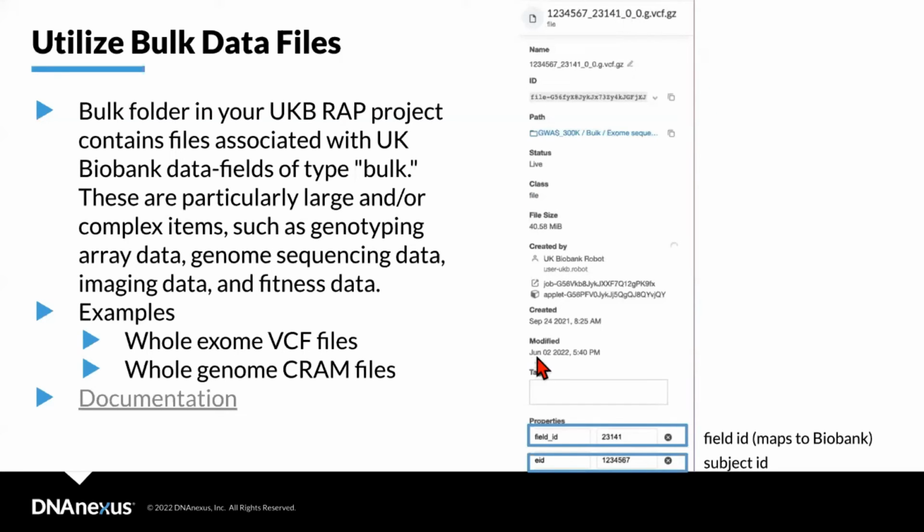Here is the information of such a file. You can see the file name. You see that there is not a real EID, but what you can see are properties that can then be used for searching: the field ID, which is the UK Biobank field ID, and EID, which is the participant ID.